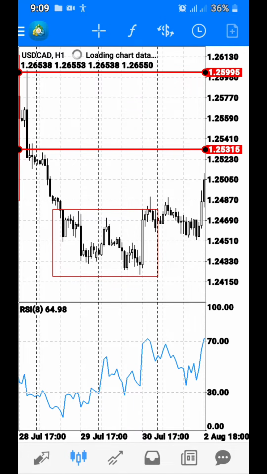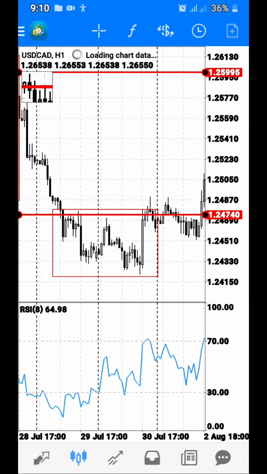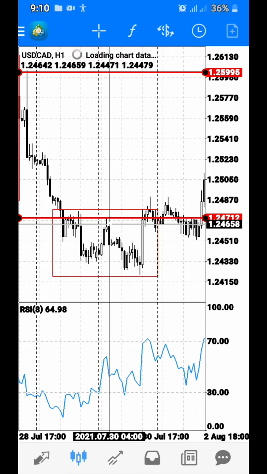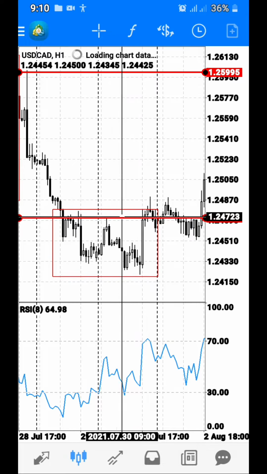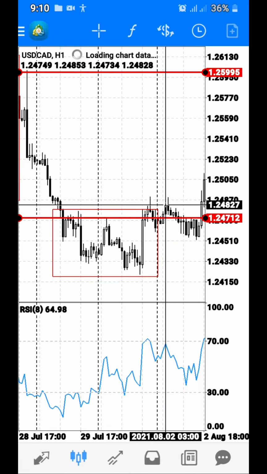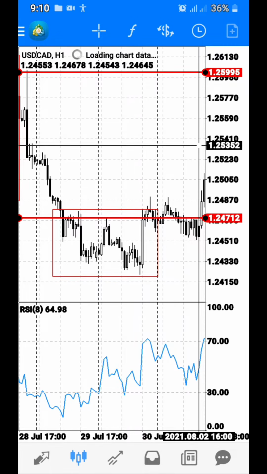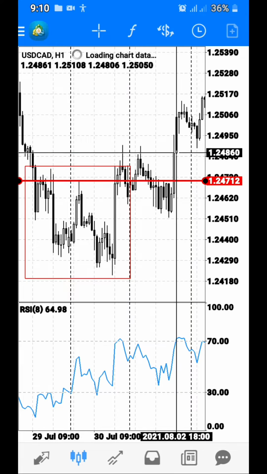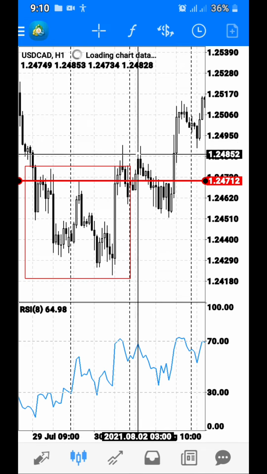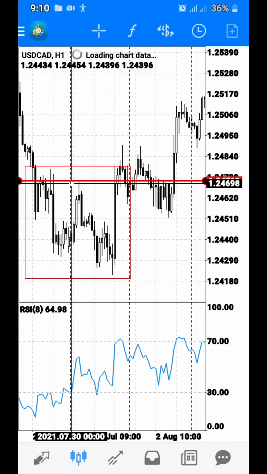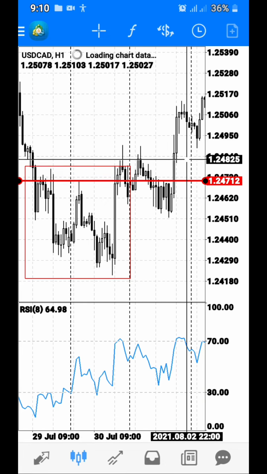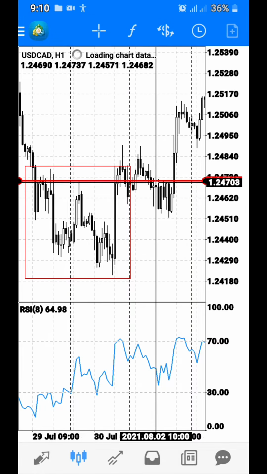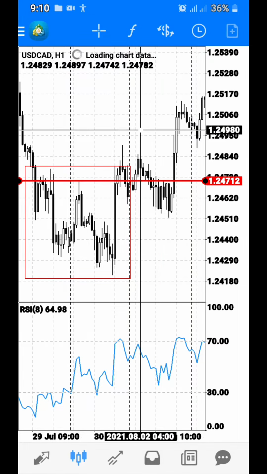So let me show you where the neckline is. It broke our neckline. This is our neckline, this level. It broke here. So we were looking for an entry to the upside, and we got it here. You can see we got it around this point, and the market went up. As the market breaks our neckline, you can wait for a retest and then enter the market.